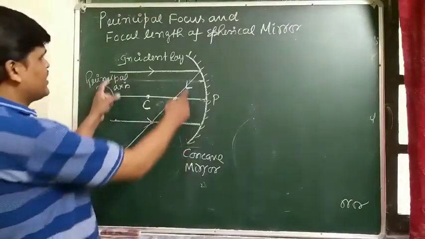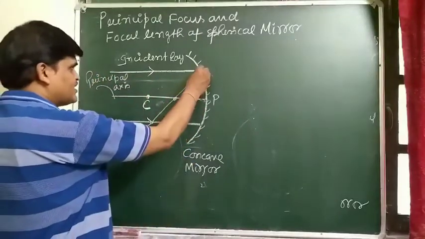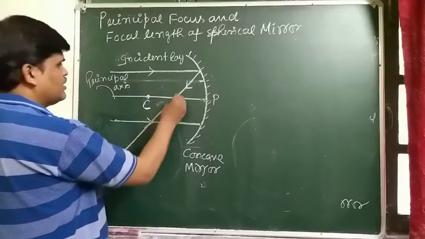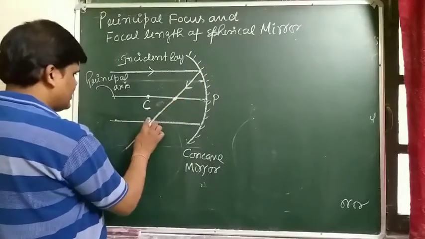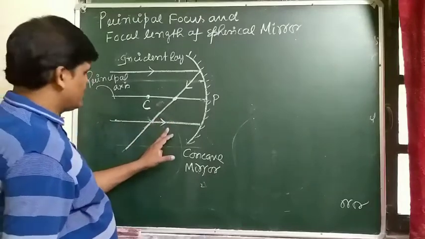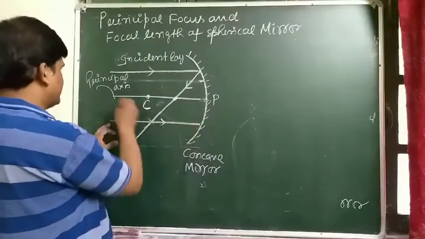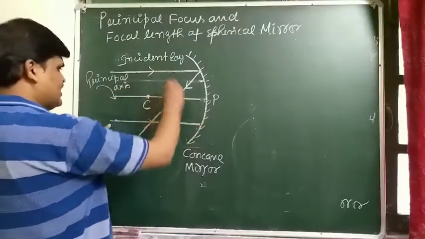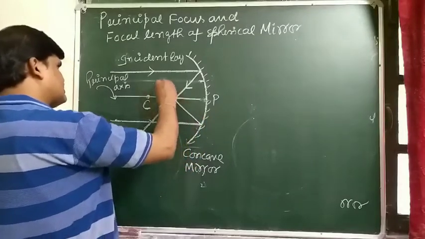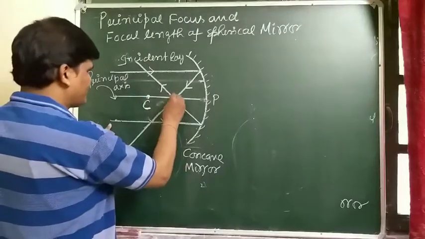So if the ray of light is parallel to the principal axis, after reflection it passes through a certain point on the principal axis. Another ray of light, which is also parallel to the principal axis, after reflection also passes through a certain point on the principal axis.